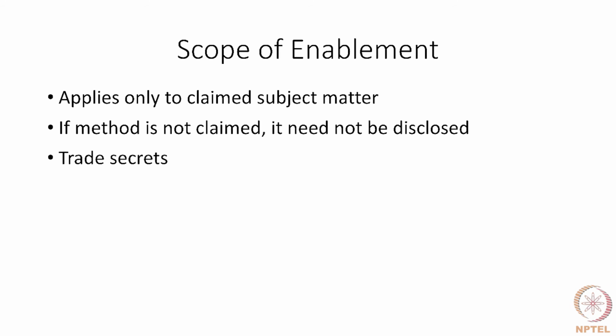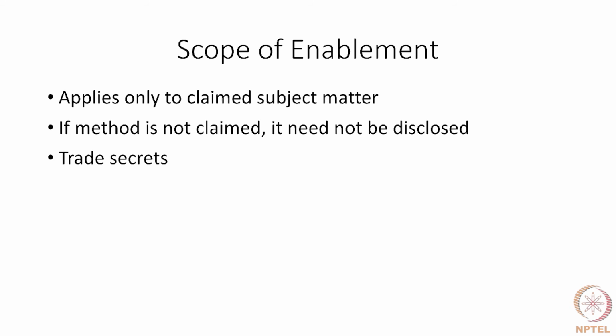Trade secrets. Because of the enablement requirement, you cannot include trade secrets because trade secrets are contrary to the enablement requirement. You cannot say that we would not disclose a part of our invention because it's a trade secret. And you would also understand this better when you know that patent law came as a replacement to the trade secret regime.